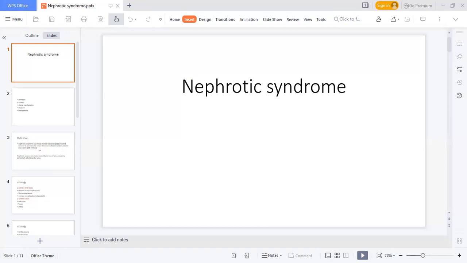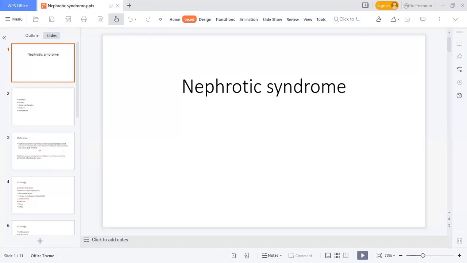But in contrast, we compare the nephrotic syndrome with the nephritic syndrome. That is the other condition. So mainly in nephrotic syndrome a large amount of protein is excreted in the urine, while in the case of nephritic syndrome, a large number of blood cells are excreted in the urine, that is called the hematuria.